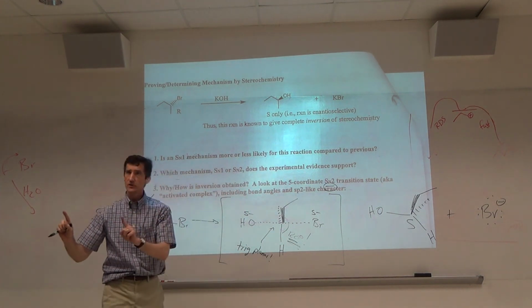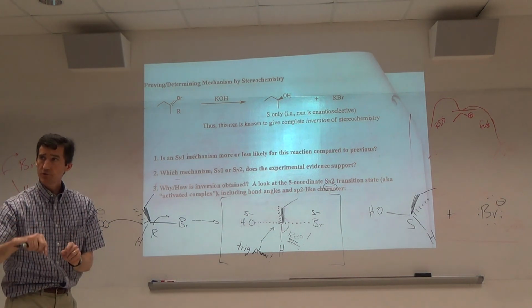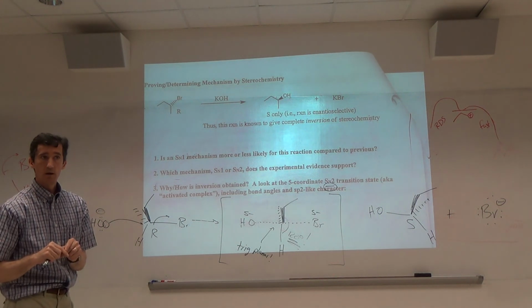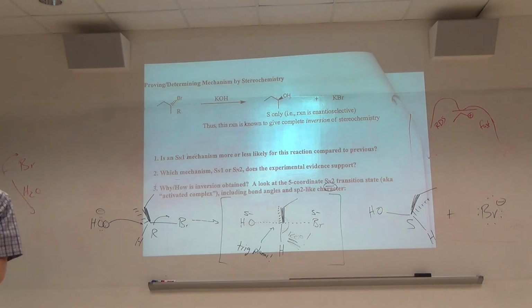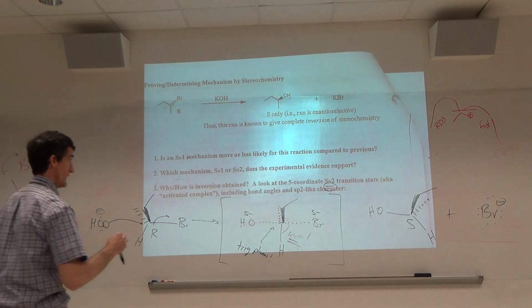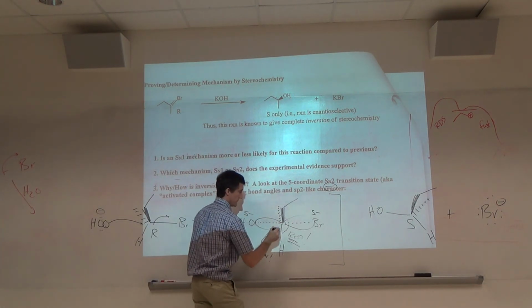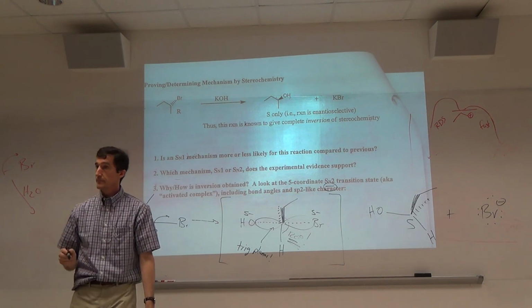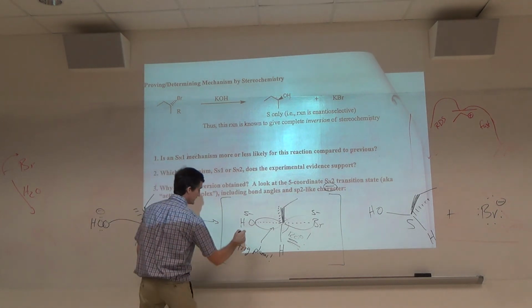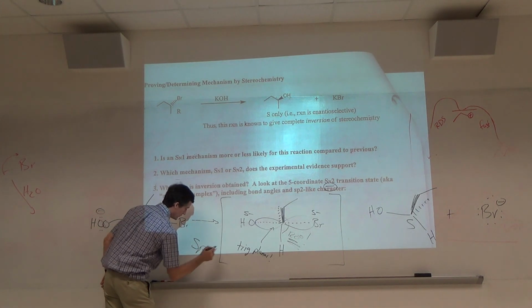Now, usually an sp2 has what left over? P orbital. And the p orbital is perpendicular to the plane. If that's the plane, this almost looks like a p orbital. In the end, your transition state is sp2-like.